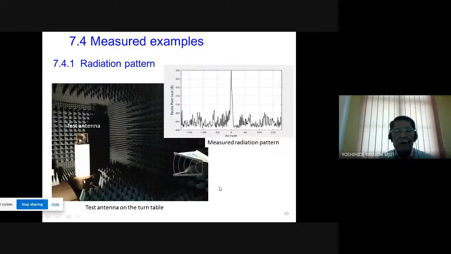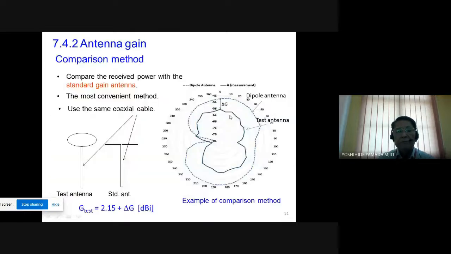By using these, we can measure test antennas and obtain radiation patterns. And for antenna gain, a reference standard dipole antenna is used. This is the standard dipole and test antenna. So the measured gain is the difference.